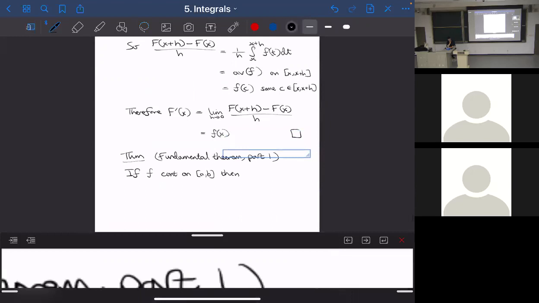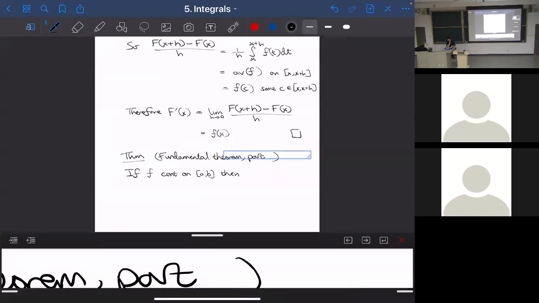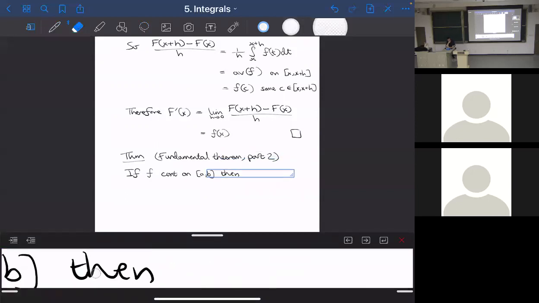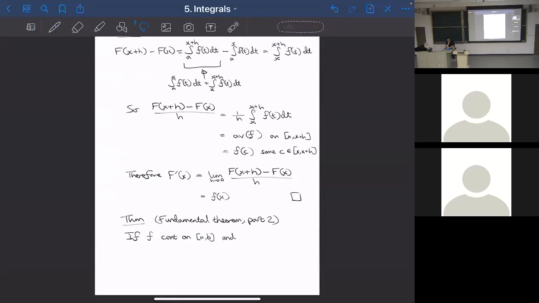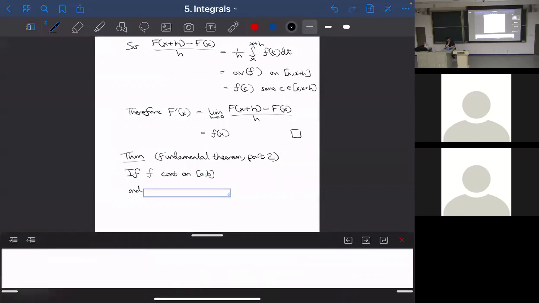But now part 2 says this, that if little f is continuous on the interval a to b, and now big F takes a different role.